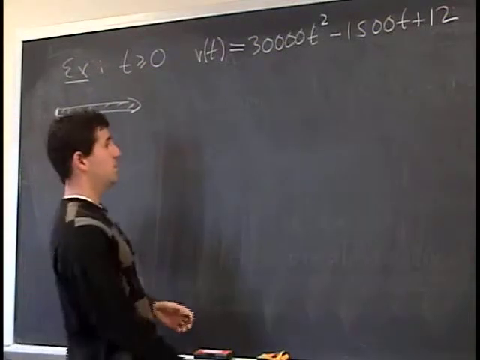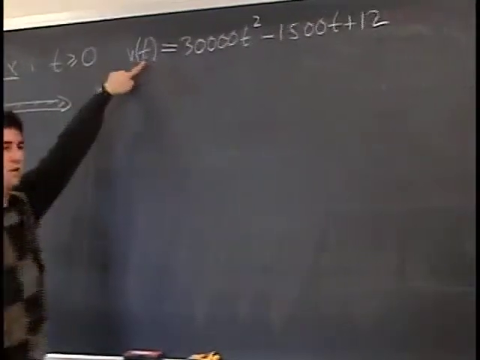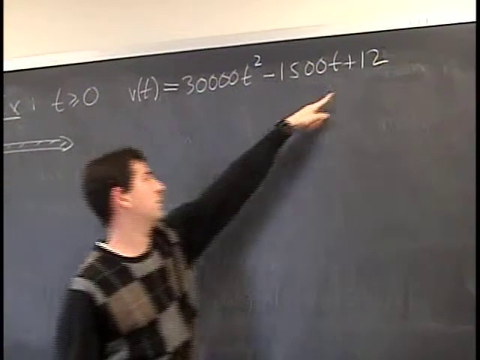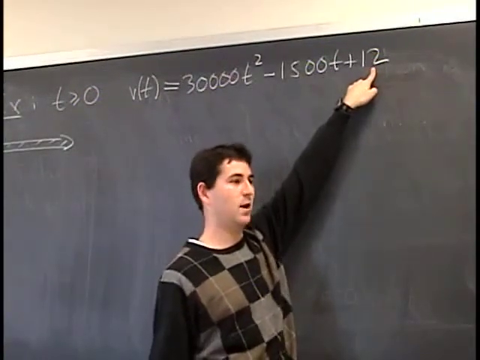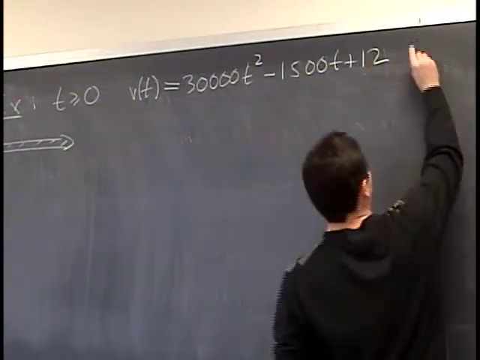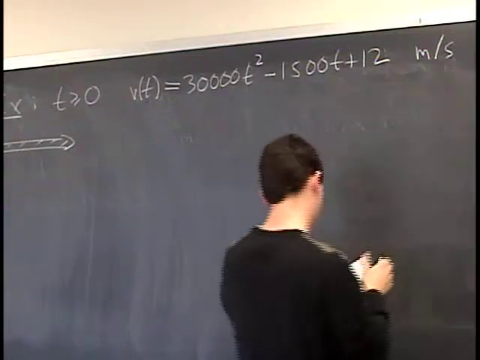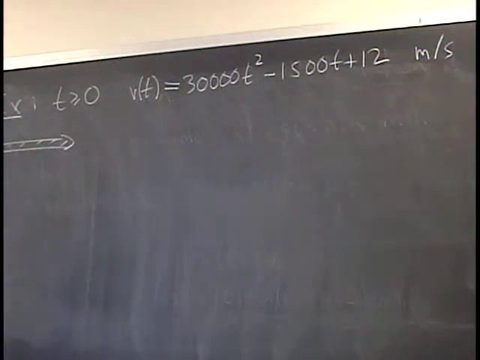So this tells us when we start the clock, time equals 0, the rocket was already going 12 meters per second. This is in meters per second.